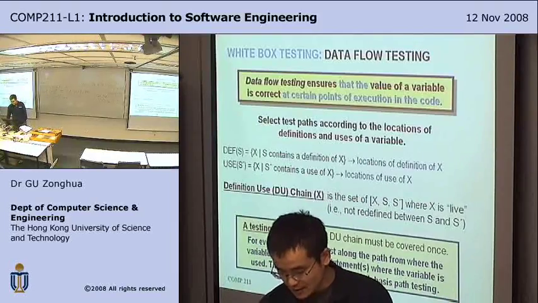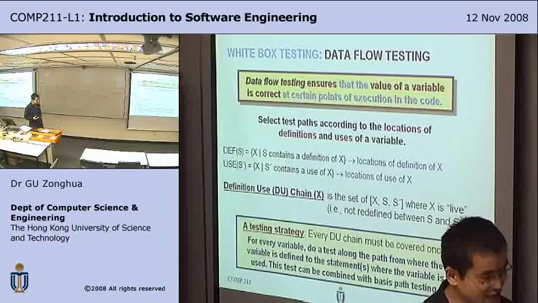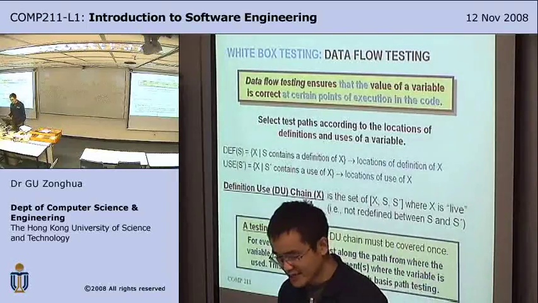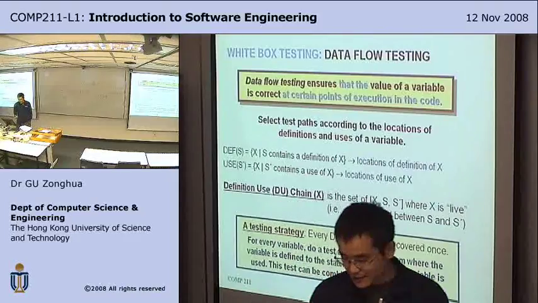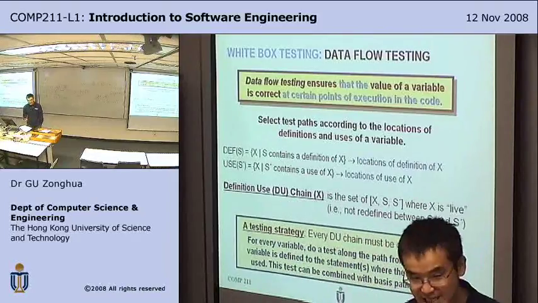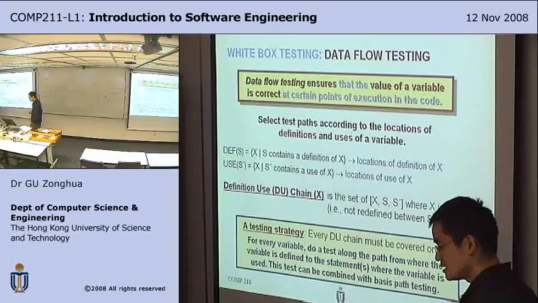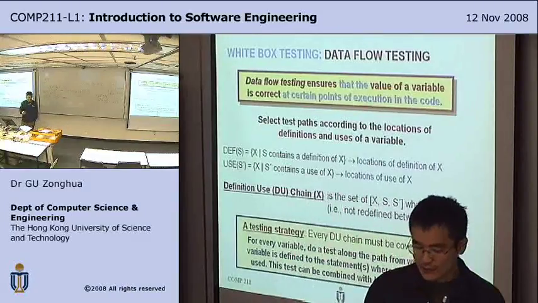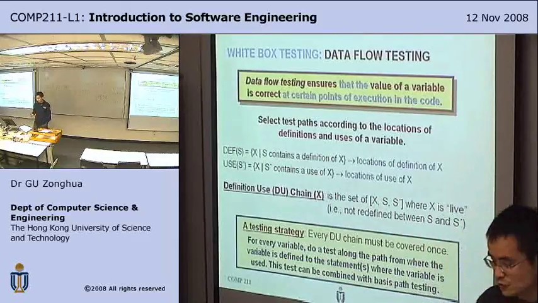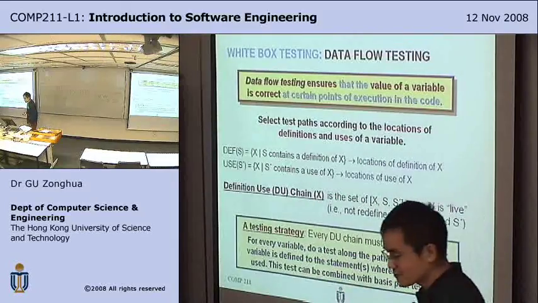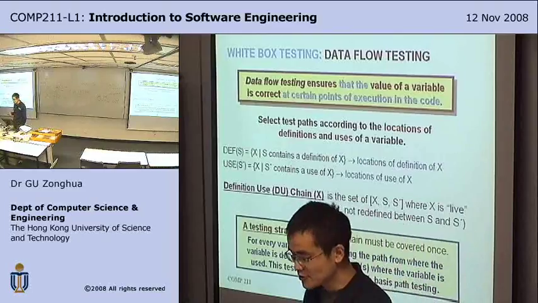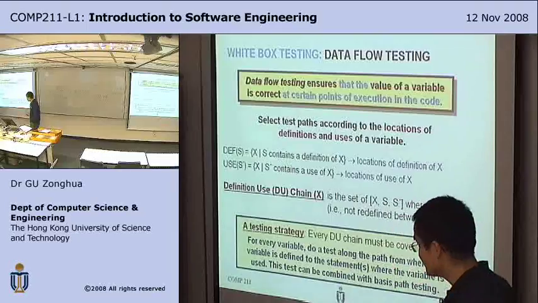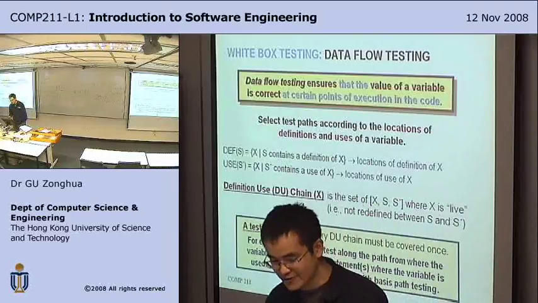This data flow testing is really orthogonal to basis path testing, in the sense that basis path testing really ignores all the linear sequences of code without internal branching. You're really treating it as a single node. But for def-use chain testing, you should really look inside the sequential statements and see which statement defines and which statement uses, and try to test all the def-use chains.